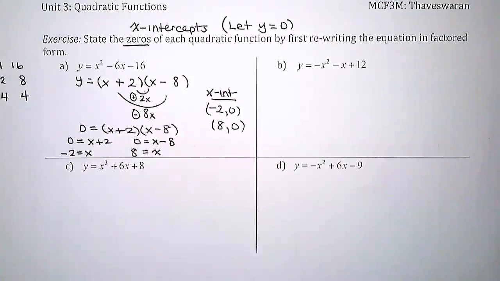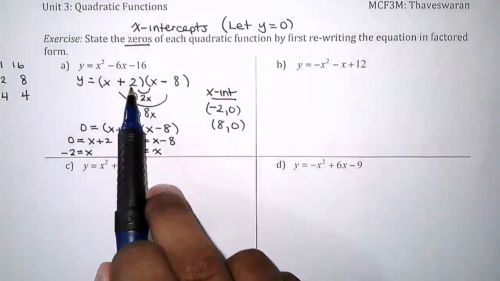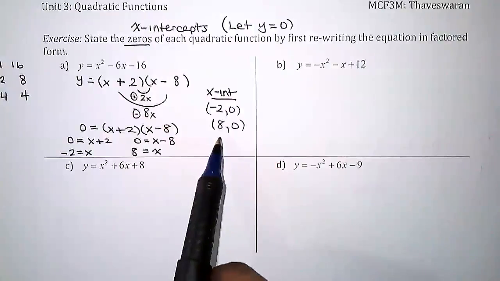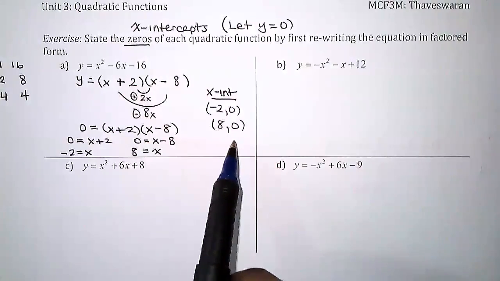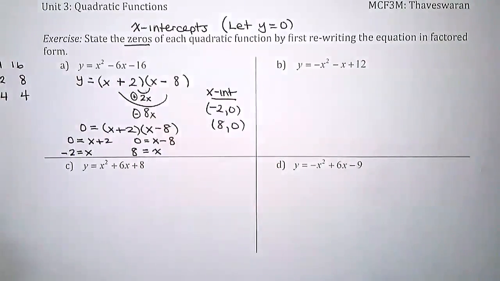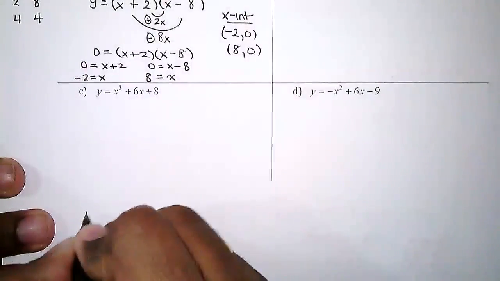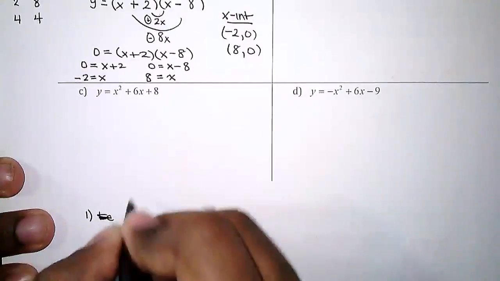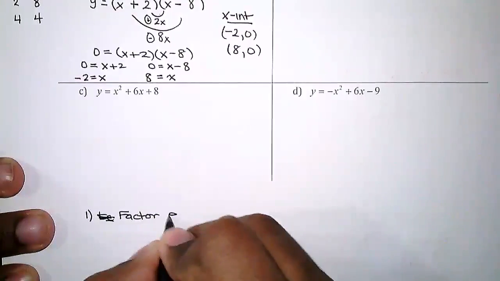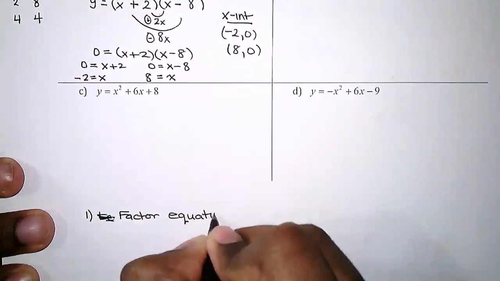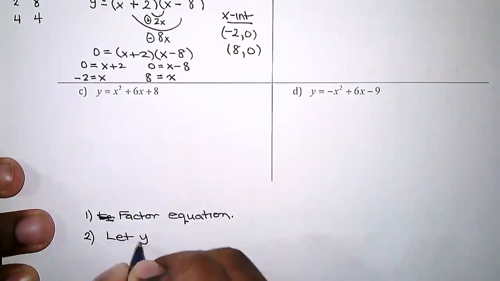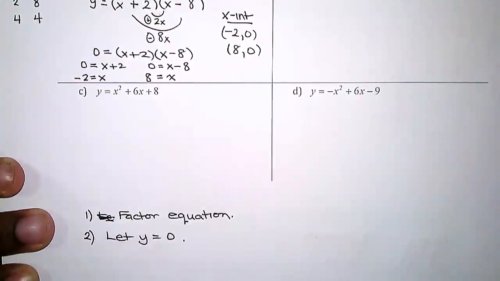I want you to get used to that because, yes, we've found that pattern that the opposite of the factors give you the x-intercepts, but this isn't always the case. So we do need to make sure that we're following these steps. Again, let's write it out. You first factor the equation. Then the second thing you did was let y equal 0.